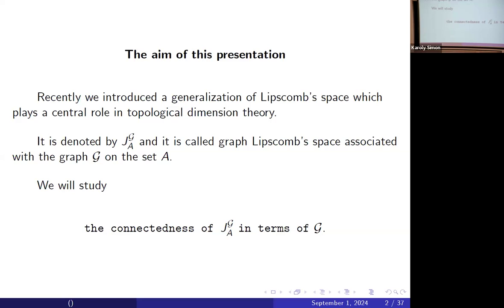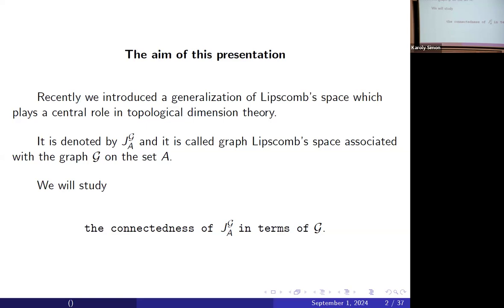set A. And what we are going to do today is to see when this space is connected, and we want to have a characterization in terms of the graph G. First of all, I'm going to introduce this space.